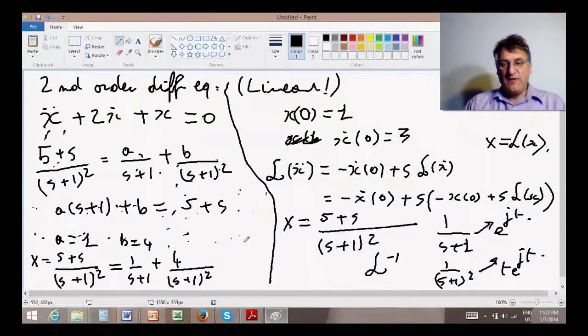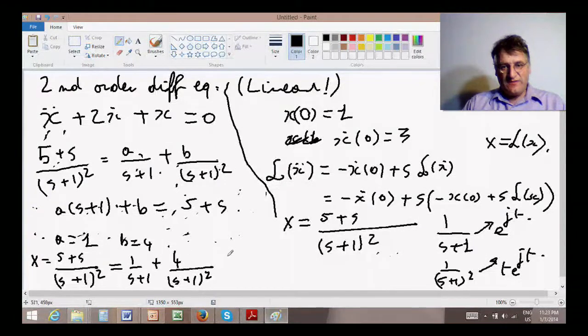And therefore, we can immediately find out what x is by simply, first of all, cleaning this up, cleaning that up, and using this and that.